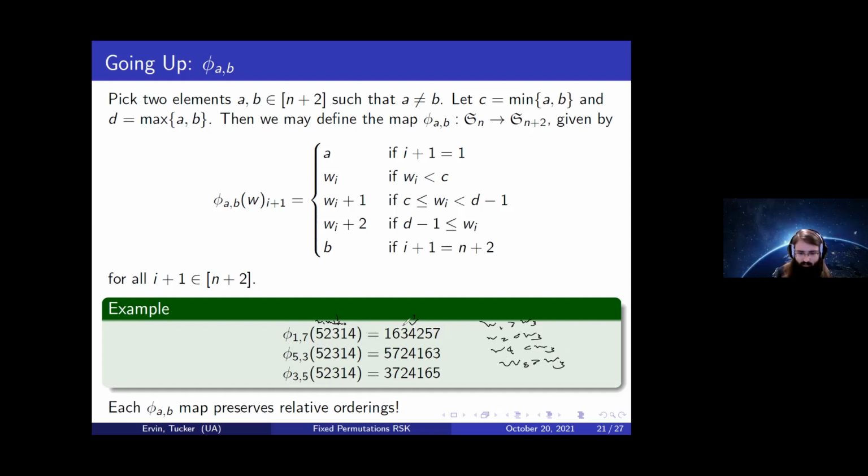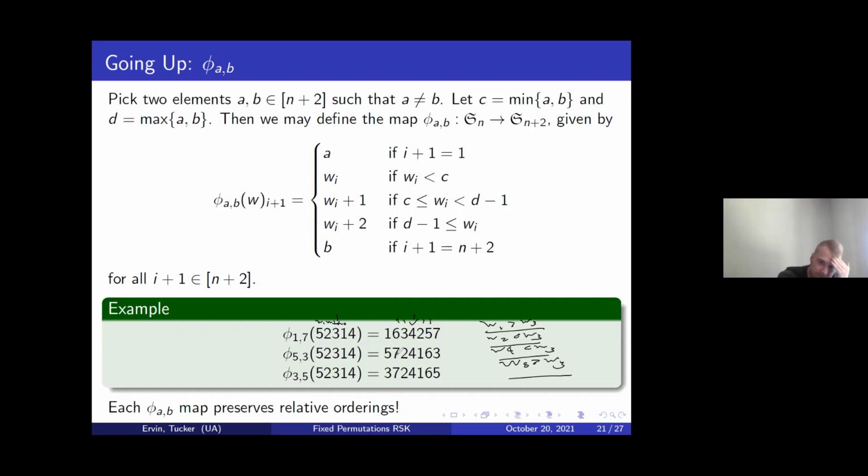If we look at the images of these entries, then this same ordering is going to appear. Okay, got it. So the inversions, when you send them through the map, the less than sign commutes with your map. Yes. Okay.